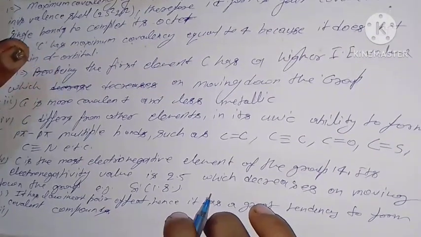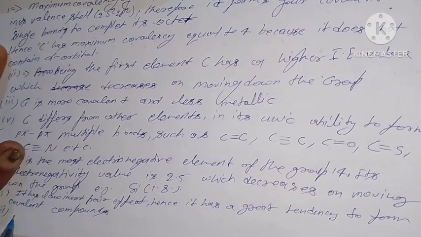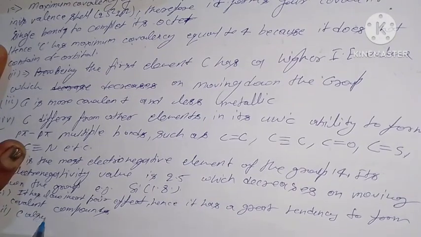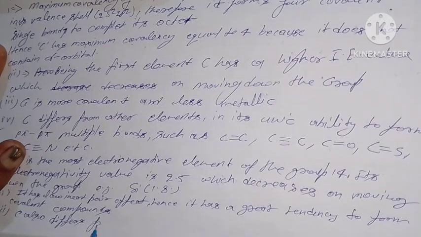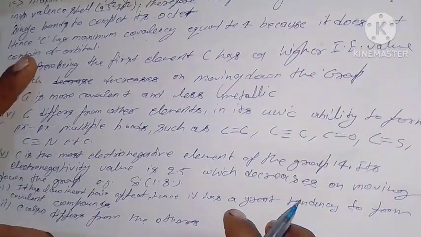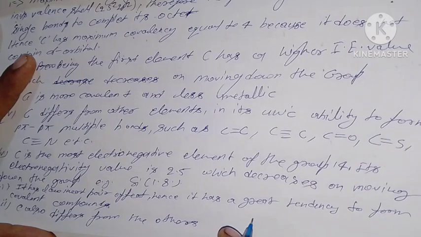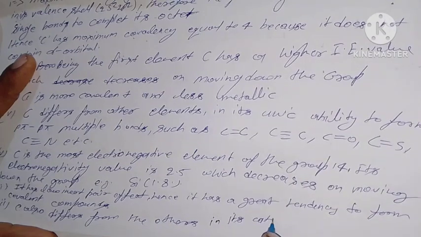Seventh. Carbon also differs from the others in its catenation property.